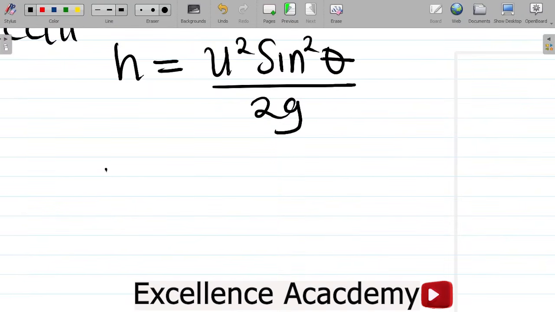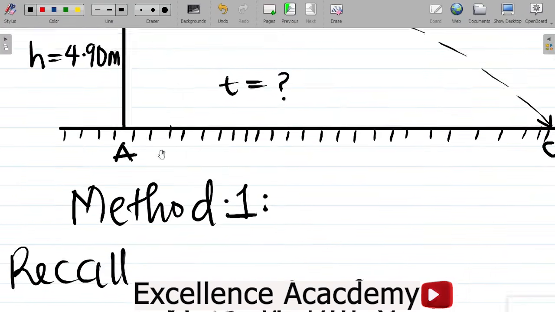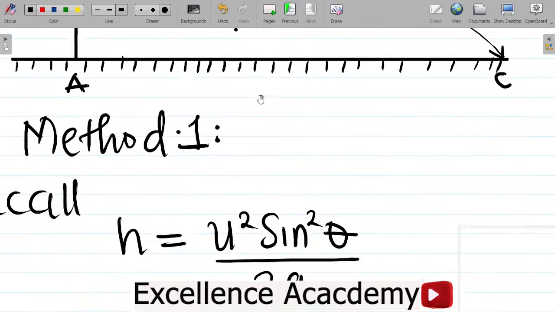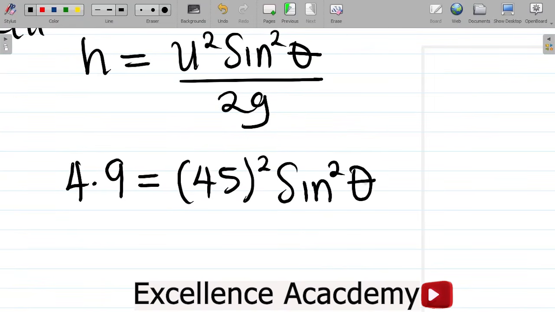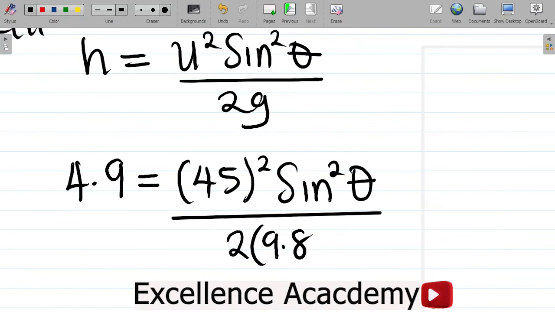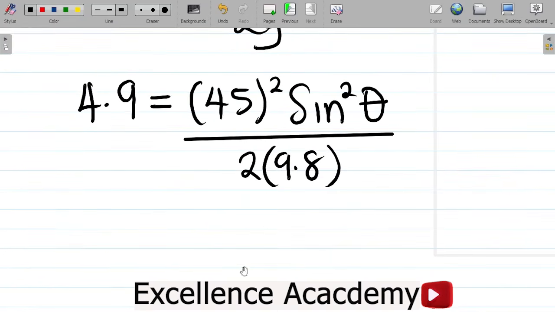To get theta, we simply substitute the value of h, which is 4.9. So 4.9 is equal to u squared, where u is 45, so 45 all squared, times sine squared theta, which is unknown, then divided by 2 times g. What's g? 9.8.